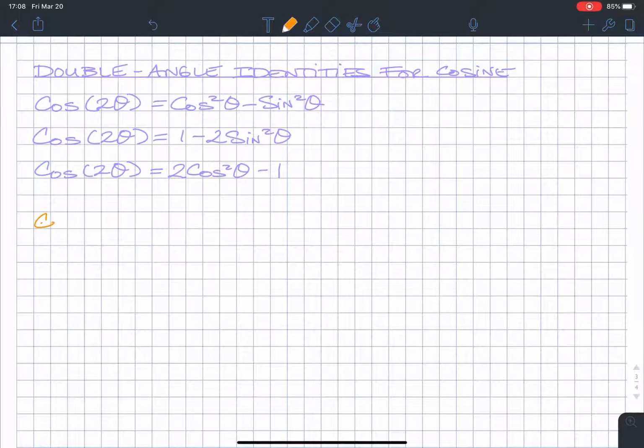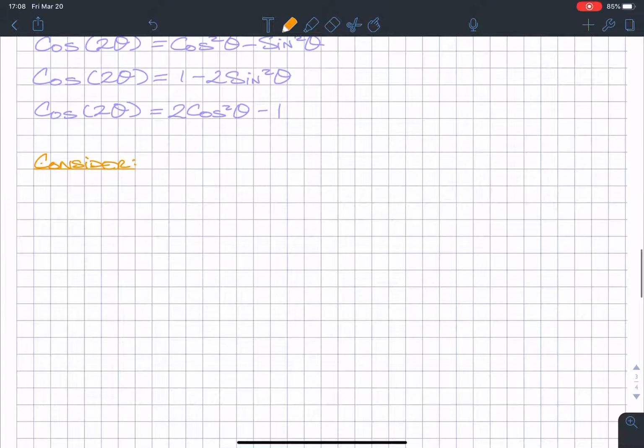So let's consider the first alternate identity, namely 1 minus 2 sine squared theta is equal to cosine of 2 theta.